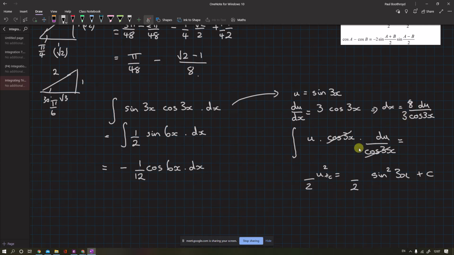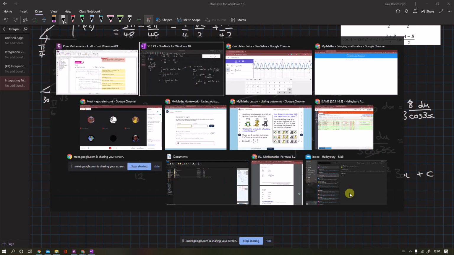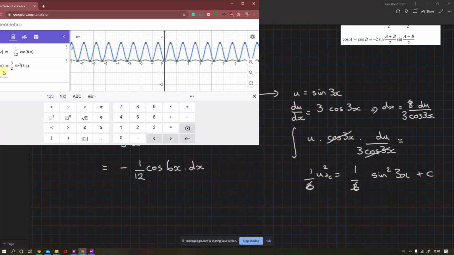Over 3, which gives me 6 here, 1 over 6 there. I'll put my graph in and change my fraction to what it should be. One over 6.